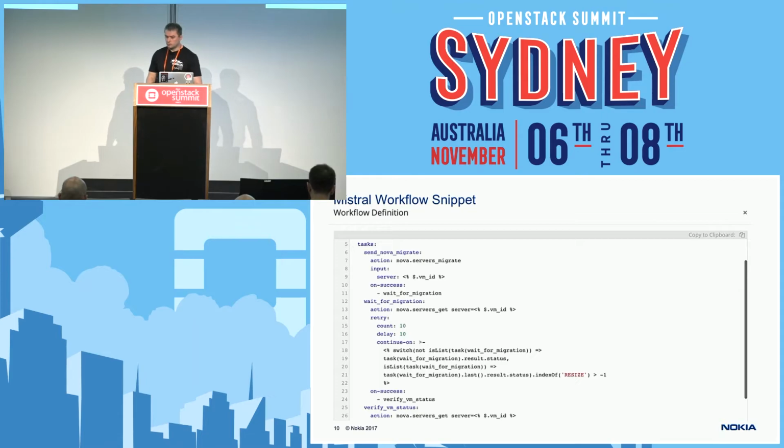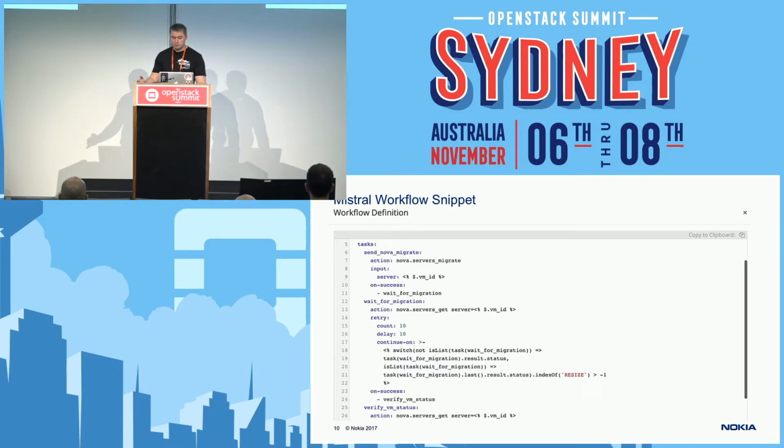And we already saw before that Ifat showed in the demo some workflow definition snippet, and I'm just briefly going to tell you what it is. It's YAML. Here we see the definitions of these tasks that we showed before. The first one is just to send a signal to Nova to start the VM migration process.